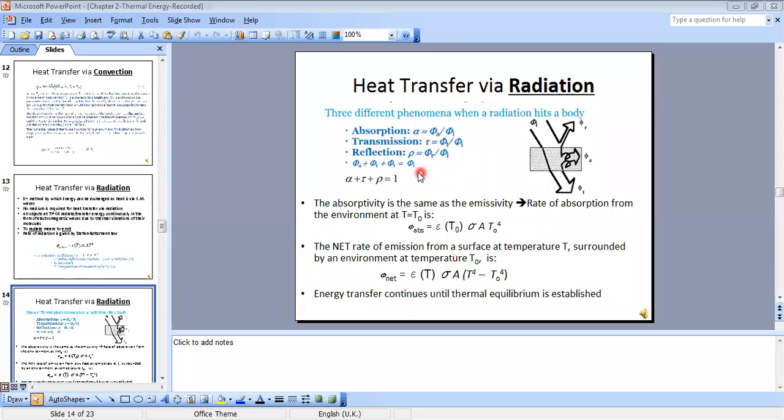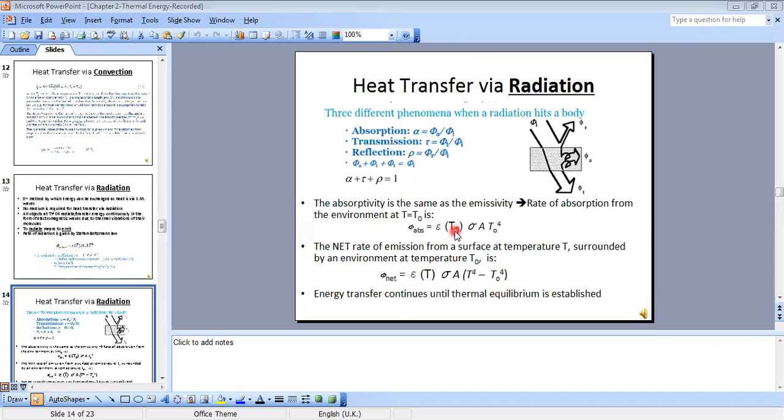From here, since the total flux is divided into absorbed, transmitted, and reflected, if you divide this equation by the total flux, you end up with alpha plus tau plus rho equals 1. This means that the summation of the coefficients of absorption, transmission, and reflection will be equal to 1.